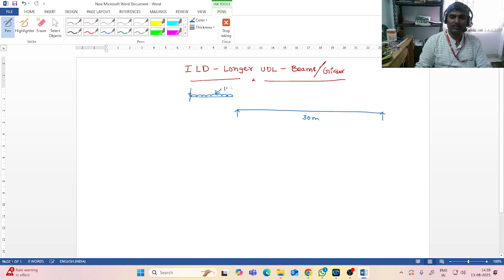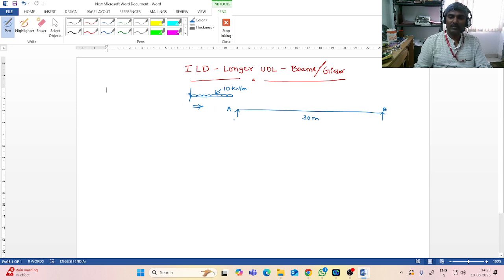Let us say the load value is 10 kilonewton per meter. Now, if this particular UDL is traveling either from left to right or from right to left, whichever may be the case.